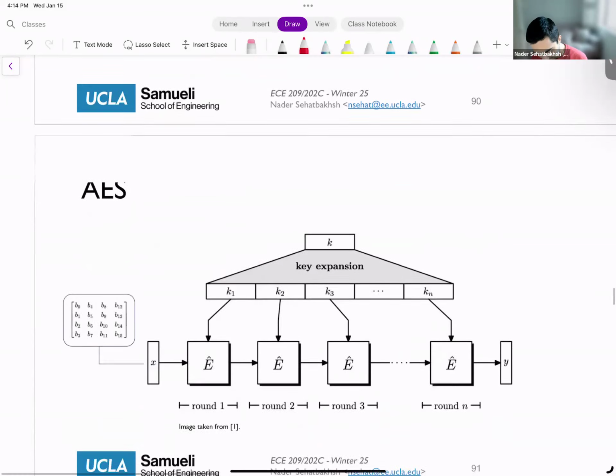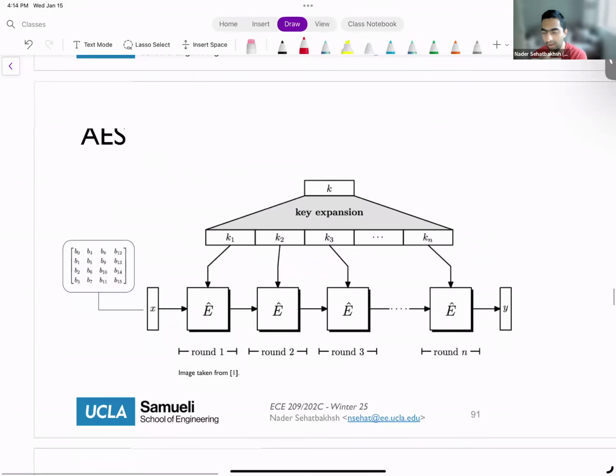So essentially, AES looks something like this in terms of functionality. You have an input X. This is your message, your plaintext. Usually we translate the message into a 4 by 4 array of bytes, so we transfer an input and show it as a 4 by 4 matrix.